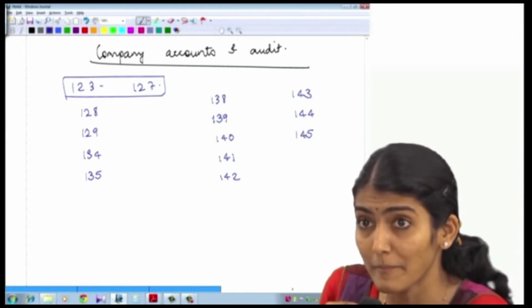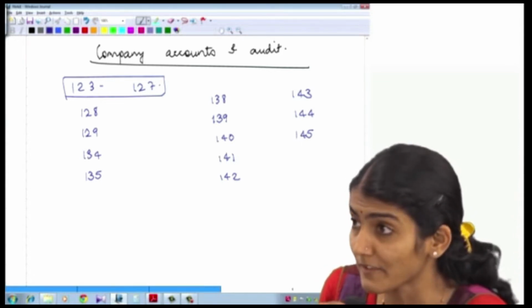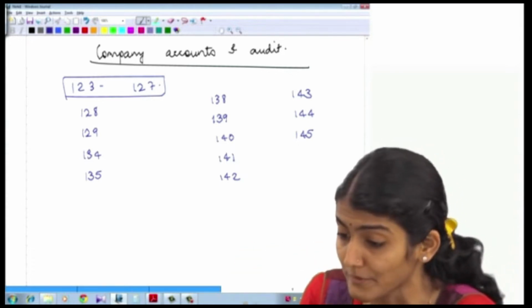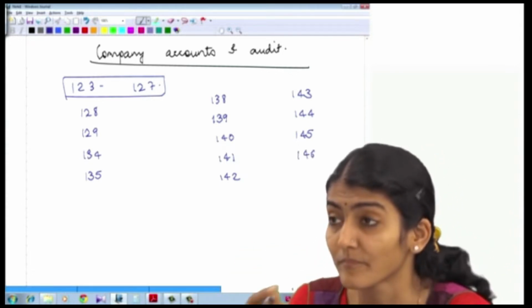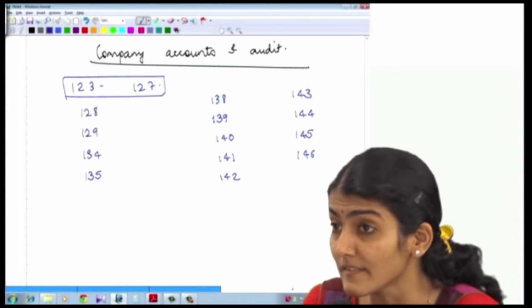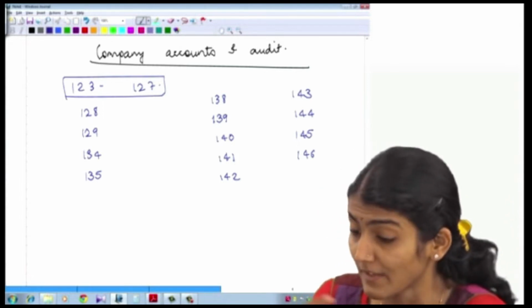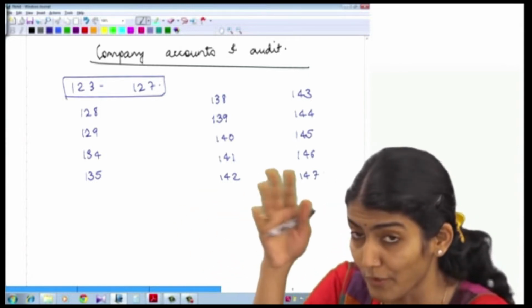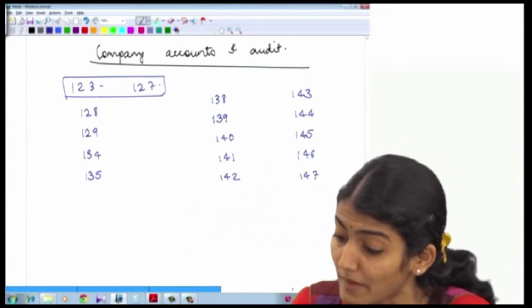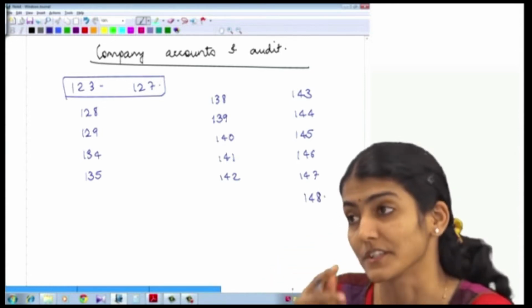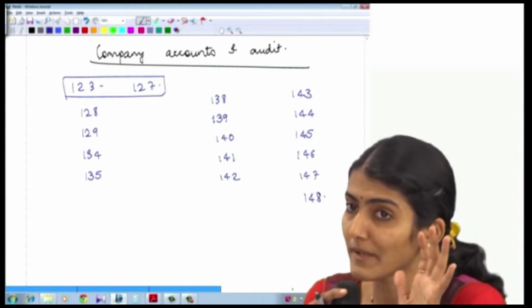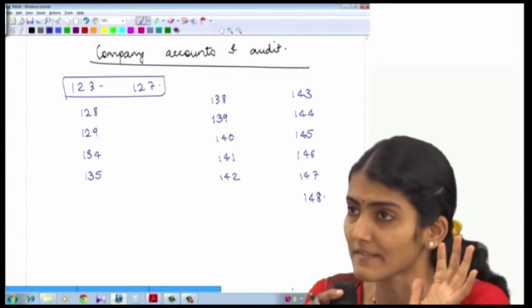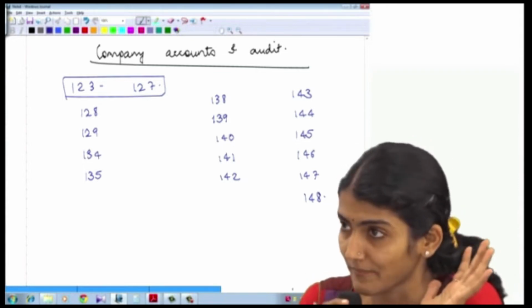You remember signing with that section 145, auditor to sign the audit report. 146, auditor to receive notice and attend general meeting. 147, punishment for contravention for not complying with all these sections. And 148, cost audit. So these are the minimum number of sections which you compulsorily need to know for audit.